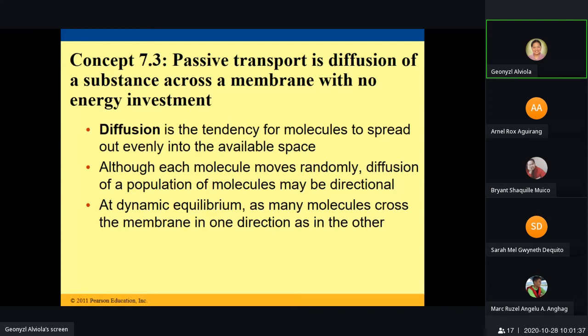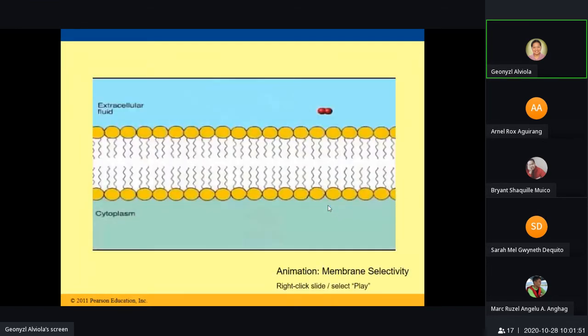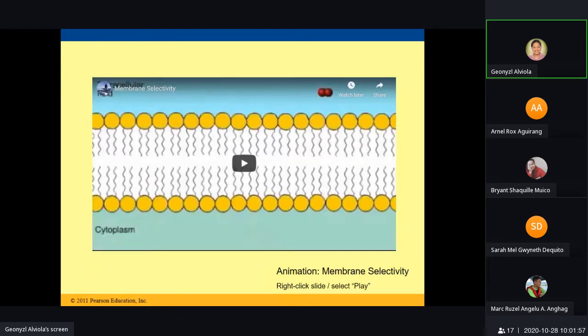Pero kung hindi siya mag-fit doon sa space, hindi din siya maka-enter. It also depends on the concentration. It depends on the size of the molecule. Pero kung equal na ang concentration, both internal and external, walang movement sa ganong type na molecule.